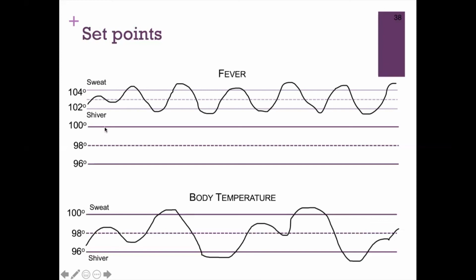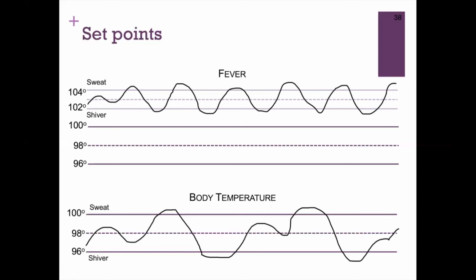Instead of allowing me 2 degrees, like down here, where I can fluctuate up to 100 or down to 96 and it's not going to impact me too much until I reach those, now I'm going to change the gain and say that I want it to be more sensitive. So instead of allowing for 2 degrees, I'm only allowing for about 1 degree here. It's a very sensitive system.